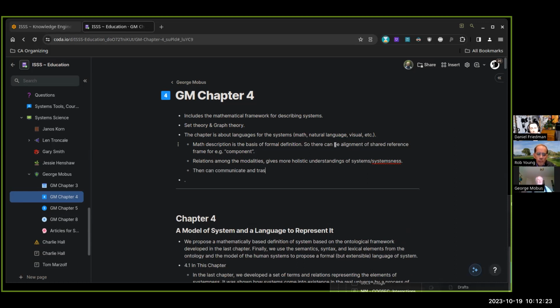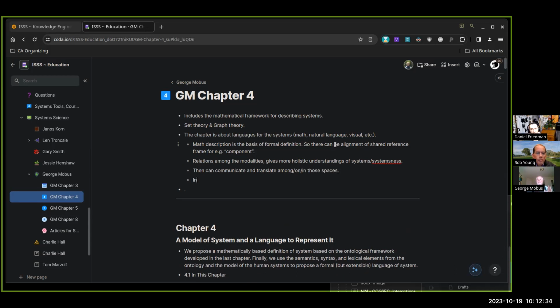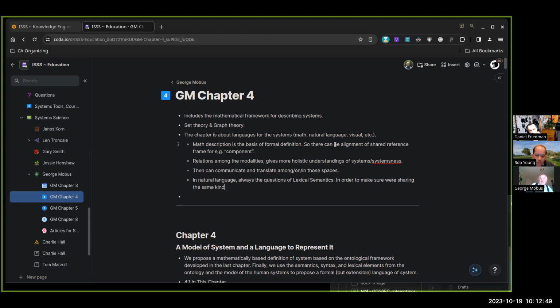Another one is when we're using natural language, we always have this problem of figuring out what our lexicon will be and what the lexical semantics are, in order to make sure we're sharing the same kind of information. So anyway, that's where chapter 4 is playing into.